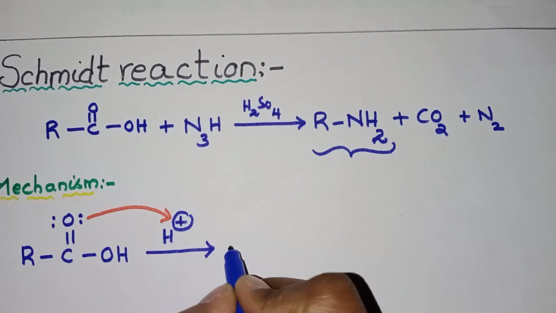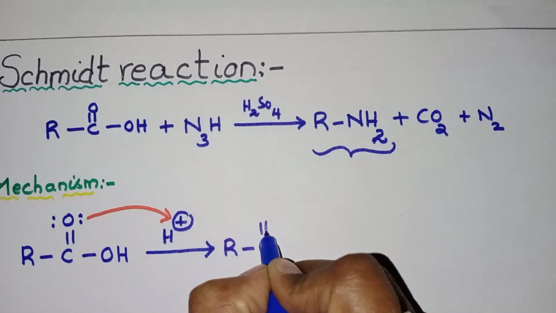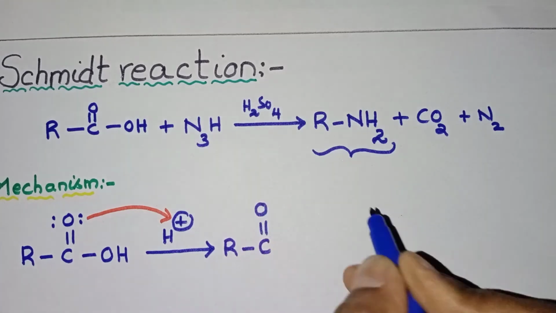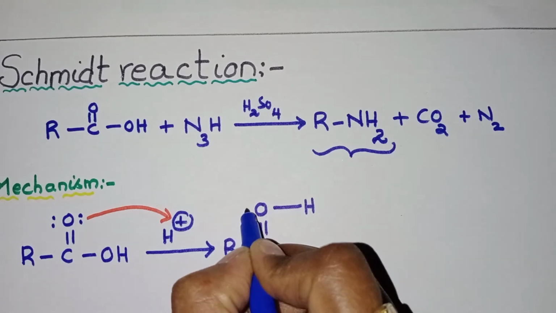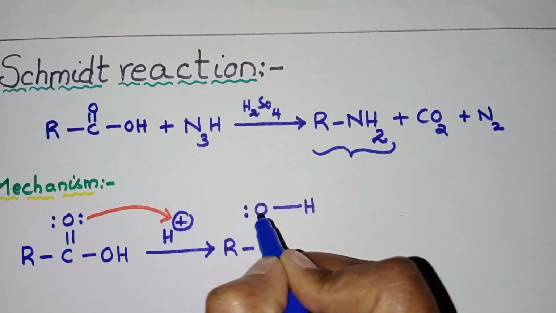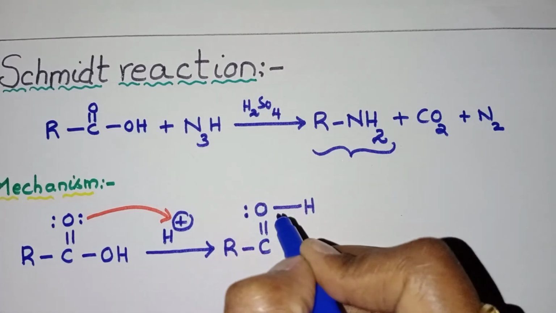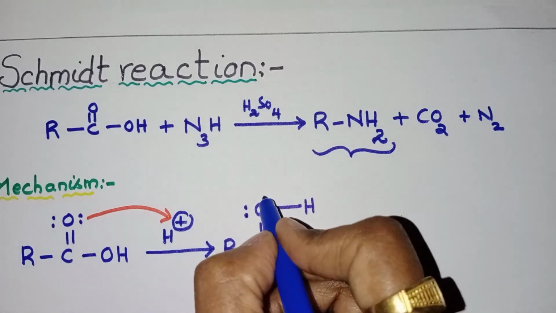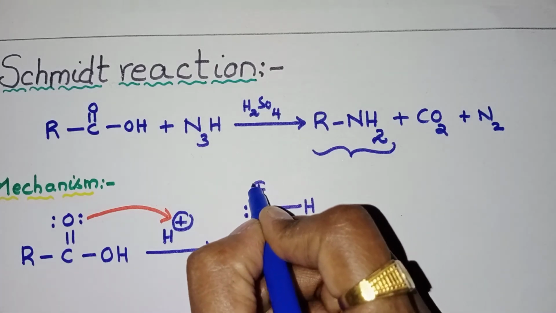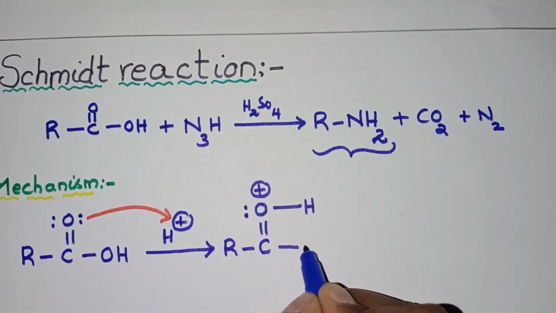I am writing here R C double bond O, here comes hydrogen. Now it has only one lone pair, as the other pair is involved in the bond formation, so it gets a positive charge, and here is OH.